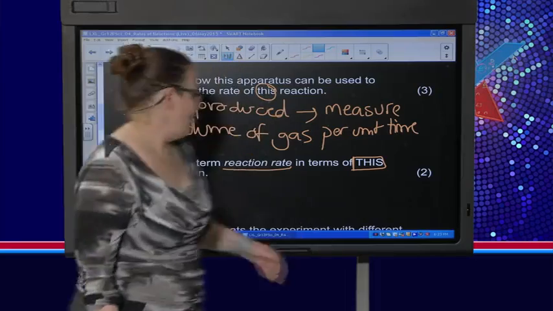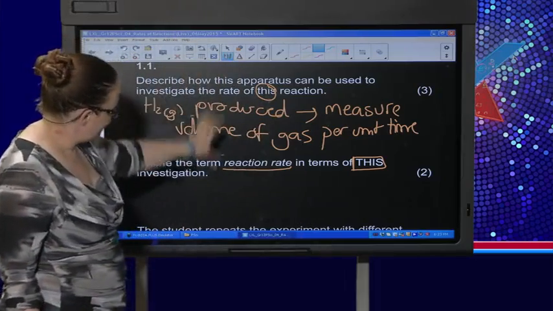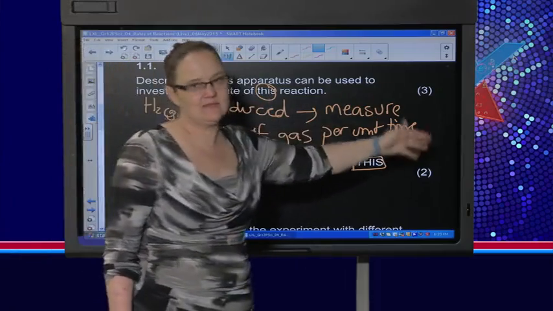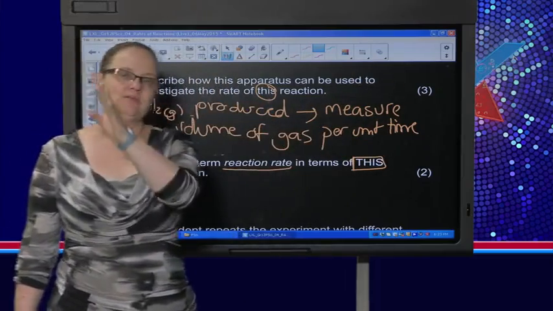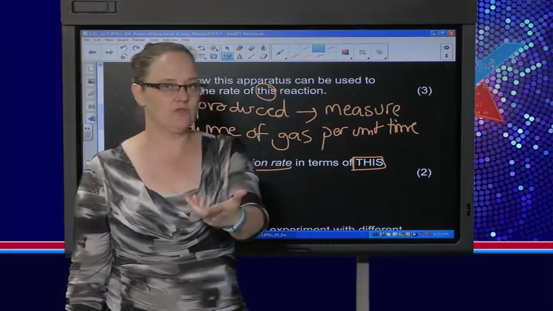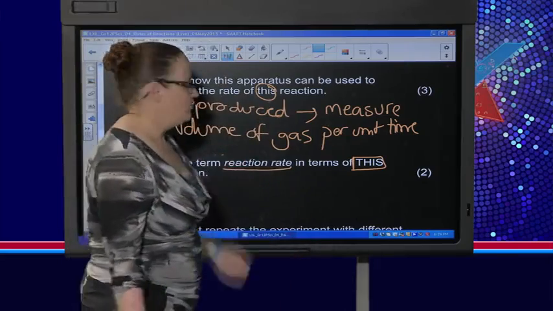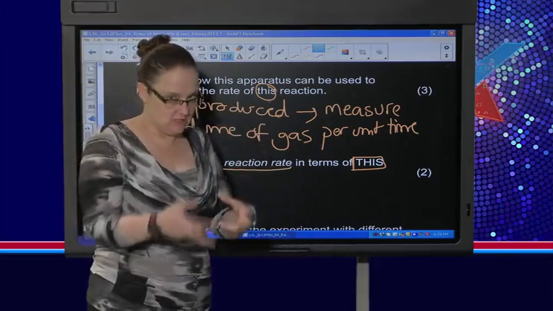So the reaction rate for this reaction is the volume of hydrogen gas produced per unit time. Reaction rate is how fast or slow the reaction goes. That's the general definition. Now we need to put it in specific, which is the hydrogen.